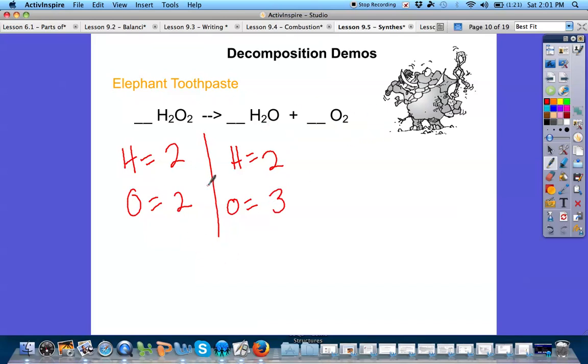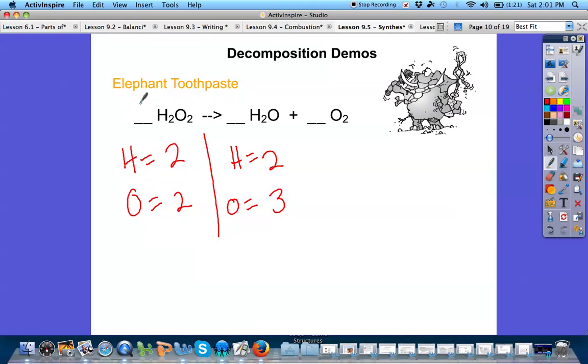So now, in order to balance this out, we're going to think about what is going to balance this out. Our hydrogen are equal, but our oxygen are uneven, and there's nothing we can multiply by 2 to get 3, and nothing we can multiply by 3 in order to get 2.